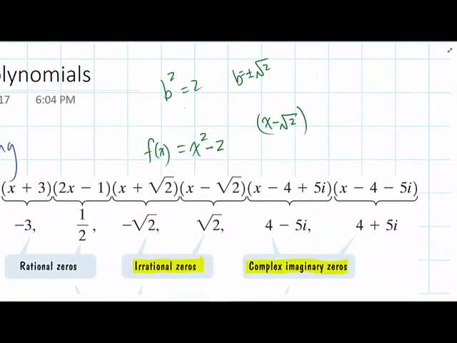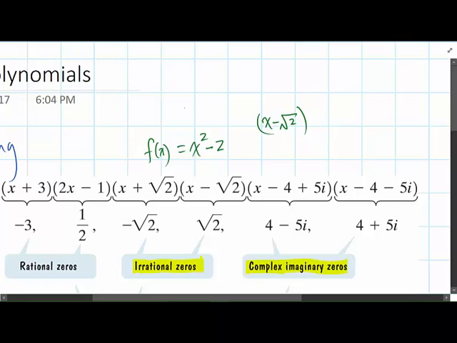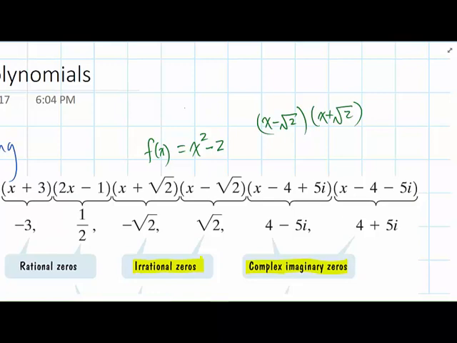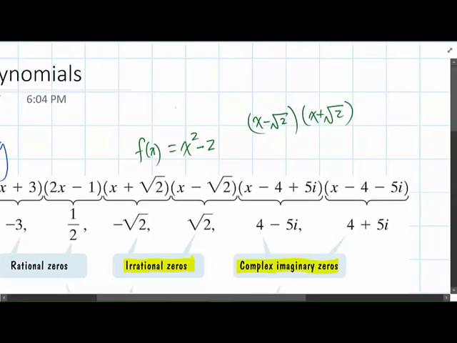So the square root of 2 would be b, and so that would also result in this. So in order to get irrational zeros, they have to come in pairs, in conjugates, or else it can't, because their function most likely doesn't contain radicals in it. In fact, I think it can't. So that means all of this has to come in pairs.